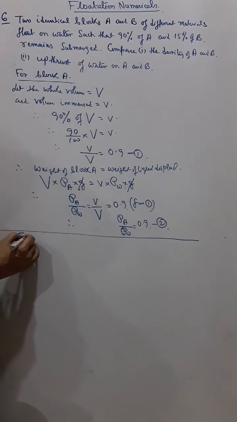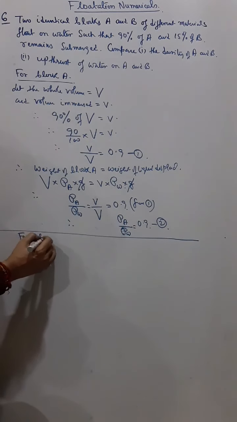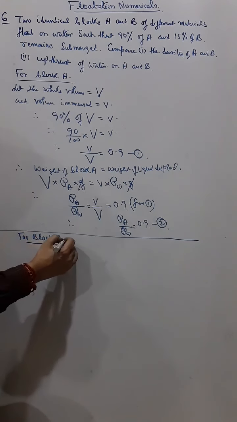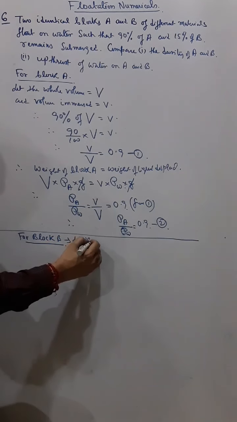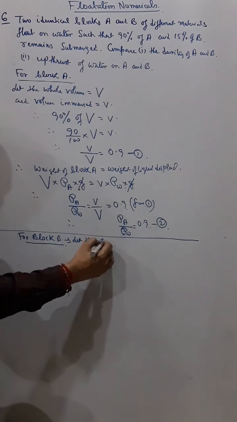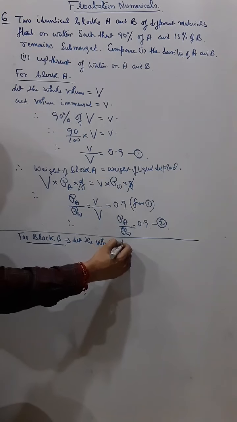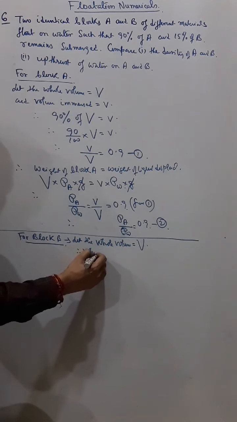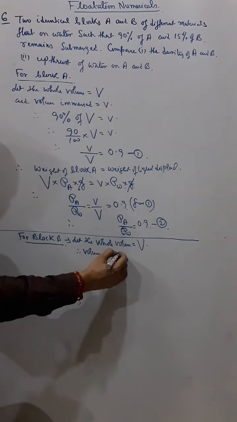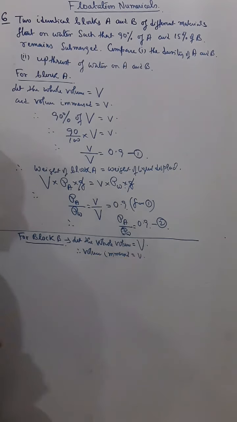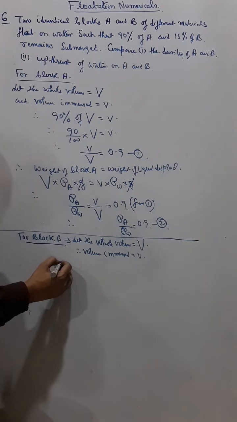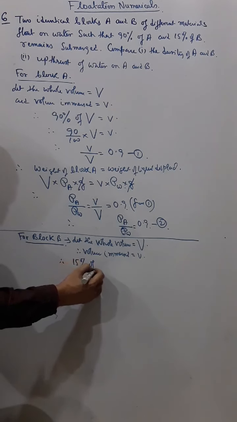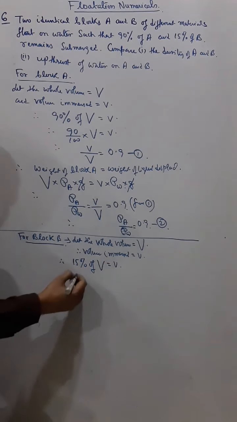Now for block B, here also let the whole volume be equal to capital V, and let us take the volume immersed is equal to small v, and therefore we can say it is 15% now, right? 15% of capital V is equal to small v.